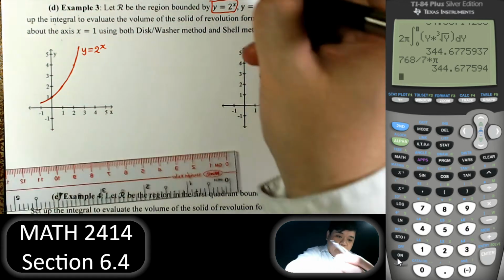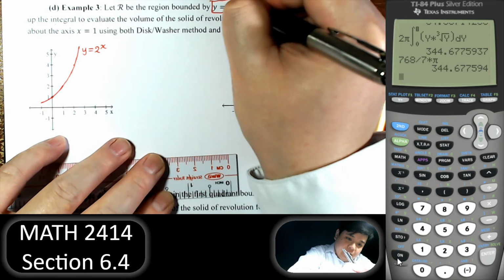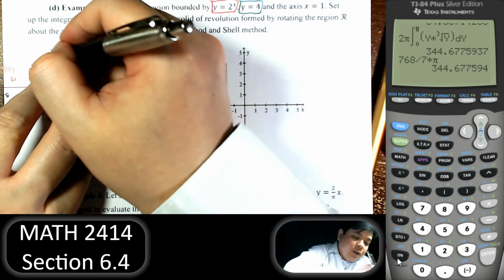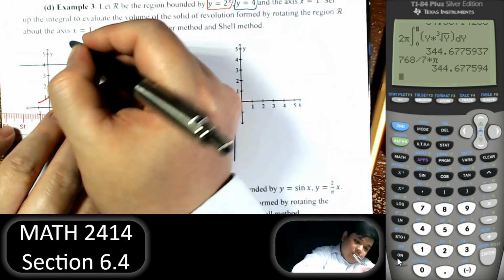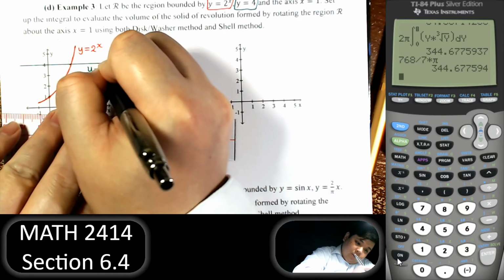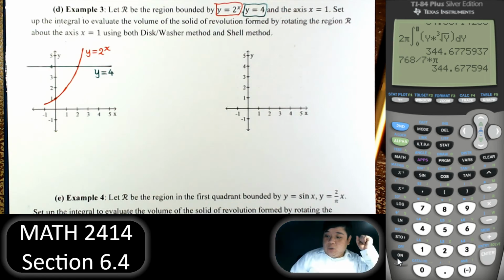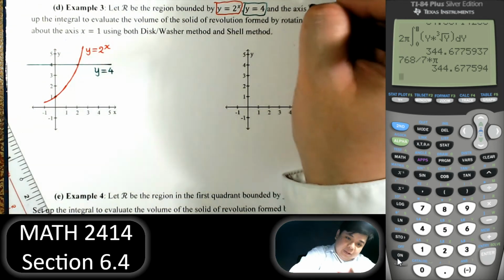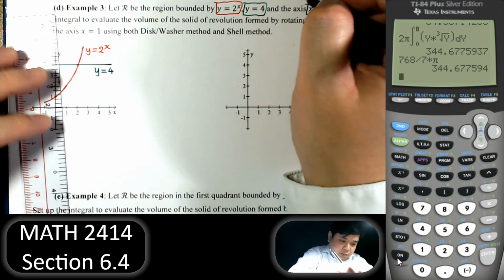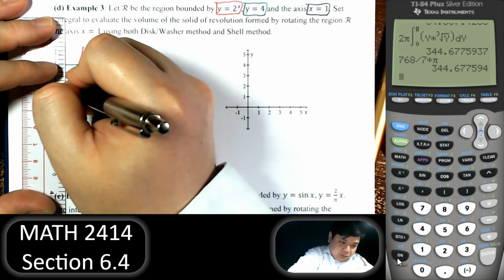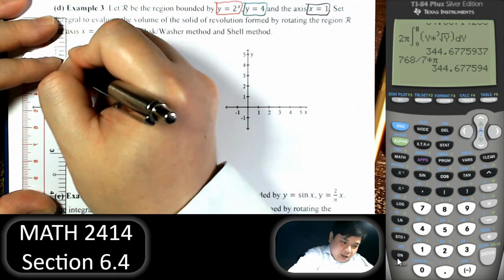and then y equal to 4. And then x equal to 1. Vertical line.